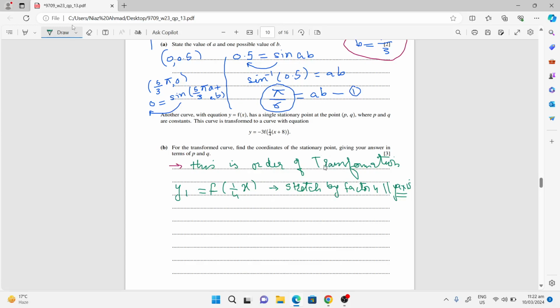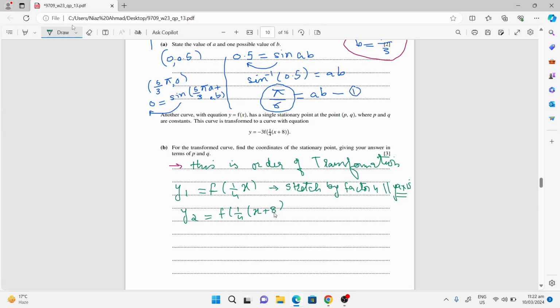Now step by step I will write the other transformation. The next transformation, suppose that is y2, and here I will write the function, this is 1 by 4 into x plus 8, and now 8 is being added.